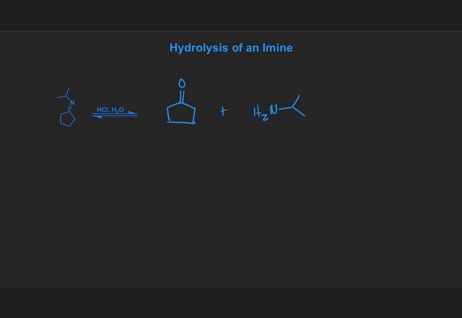And there are two ways that we can force this reaction to completion so that it's not really an equilibrium. The first of which is to just use a lot of water. That's Le Chatelier's principle, that's going to force this reaction towards the products by including a lot of reagent. And the second way is to use a stoichiometric amount of acid.